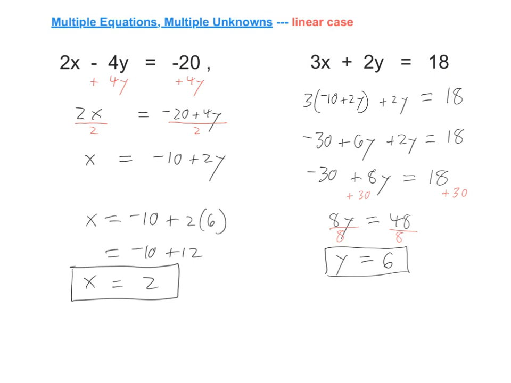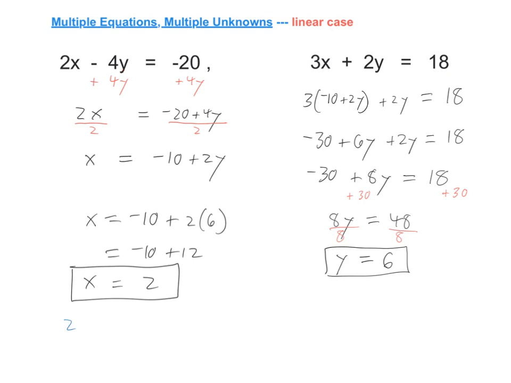Now, to make sure that we didn't make an algebra mistake, it's always good to substitute back these final values into the original equations to make sure that they work. So let's go ahead and do that. Let me start with this first equation here, and I'm going to replace x by 2 and y by 6. So here I go.